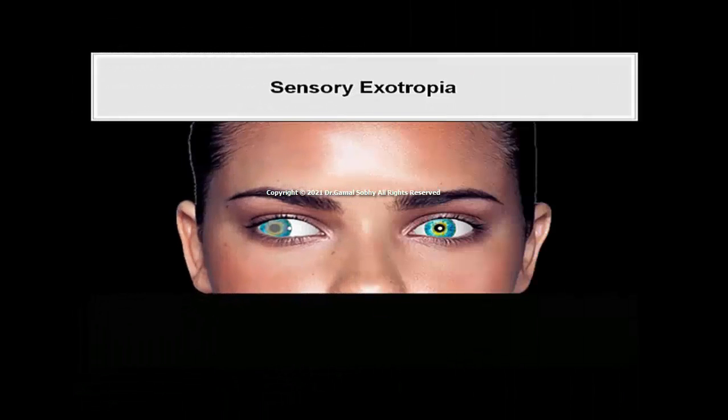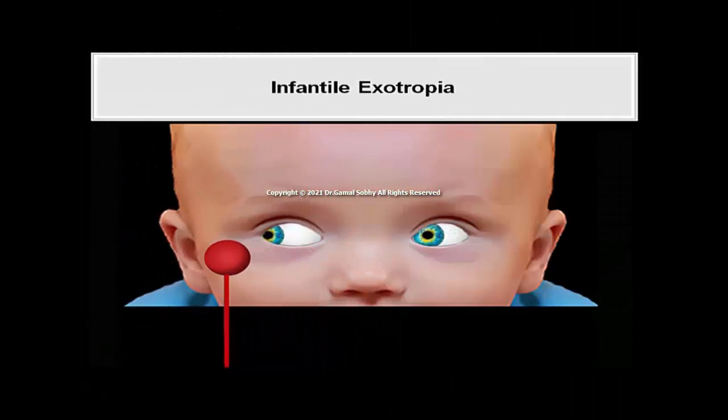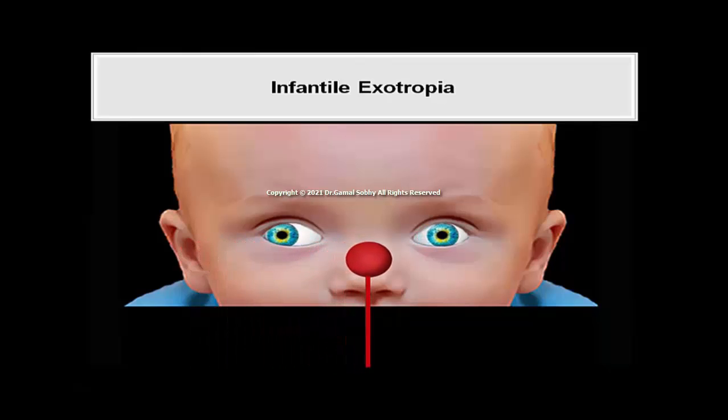Sensory exotropia is a condition of unilateral divergence as a sequel to loss of vision or long-standing poor vision in one eye, which was caused by refractive errors, unilateral cataract, aphakia, and many retinal and optic nerve lesions. Infantile exotropia is a relatively rare disorder. Onset is before age 6 months, where patients are healthy with no evidence of systemic or ocular disease.